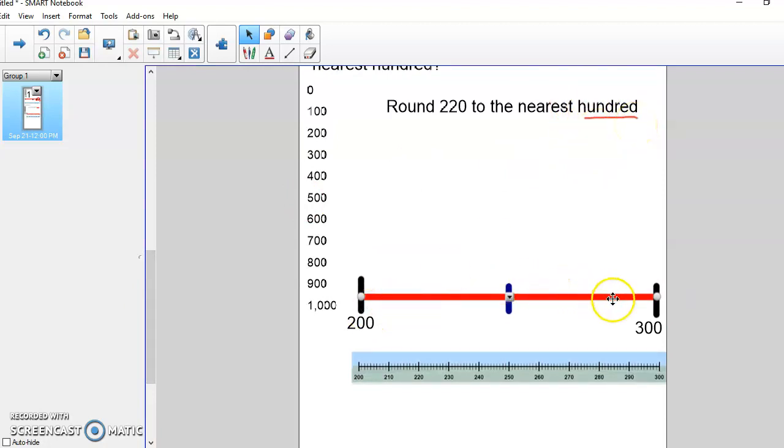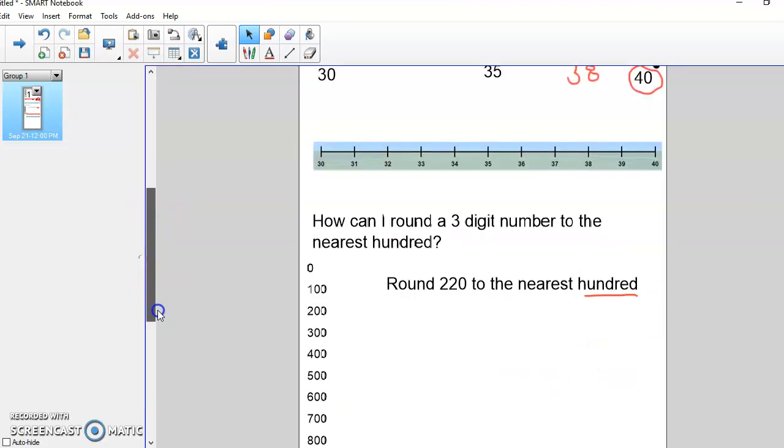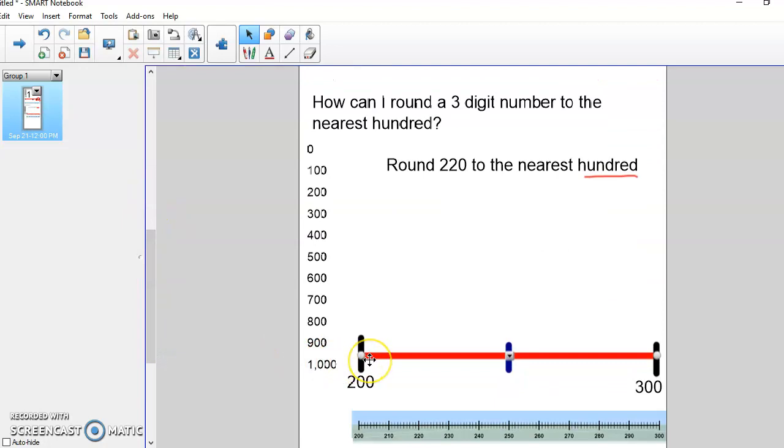There's 100 jumps between 200 and 300. Just like up here, when it was to the nearest 10, there were 10 jumps in between the beginning and ending number. Now there's 100 jumps between the beginning and ending tick mark. So if I know that there's 100 tick marks in between 200 and 300, I need to think about what is half of 100.